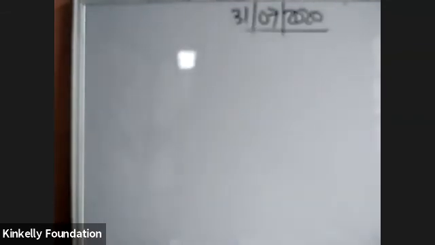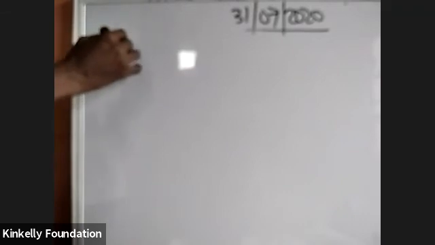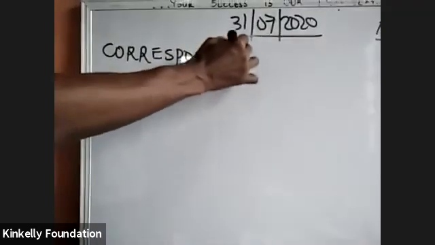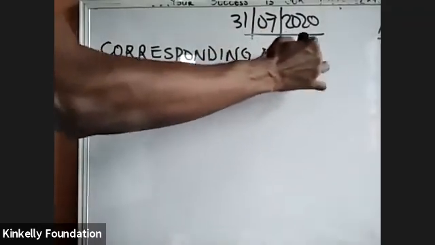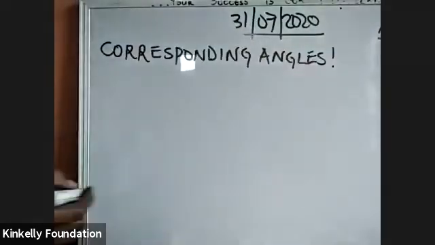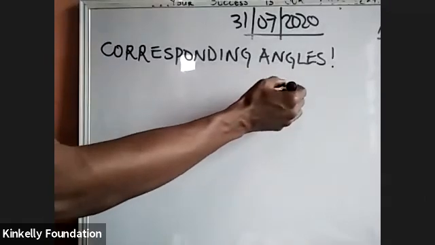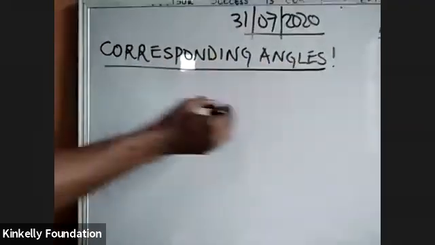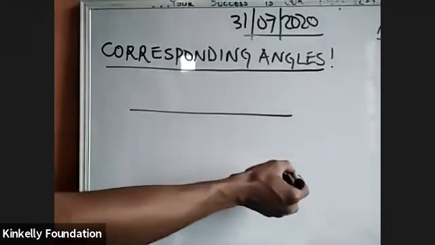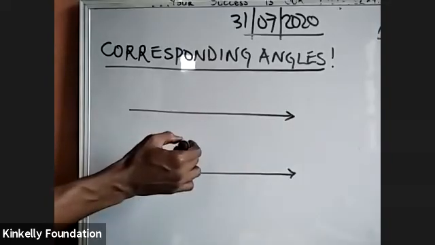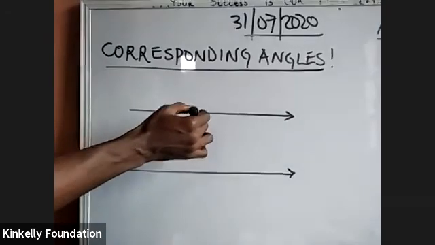Now, the last one we are going to look into under this angle form is what we call the corresponding angles. If you check in our diagram, these are parallel lines, and we have something going like this.